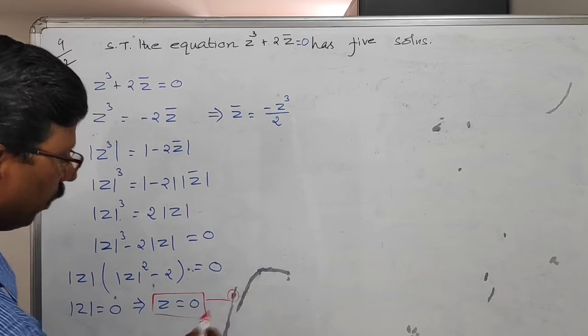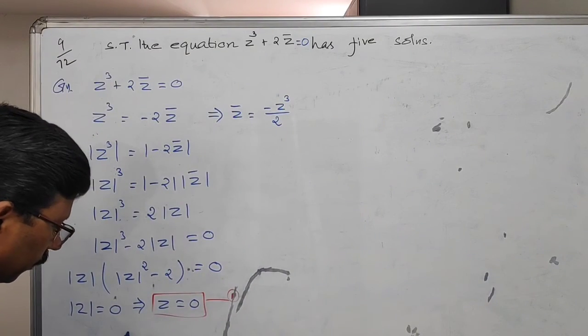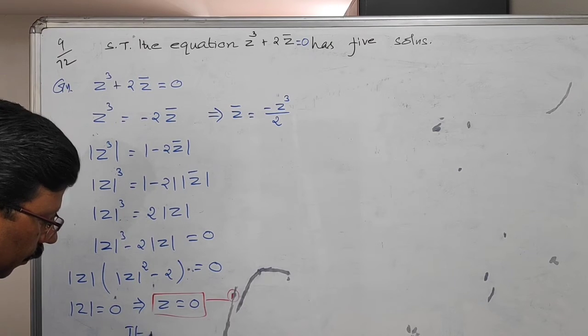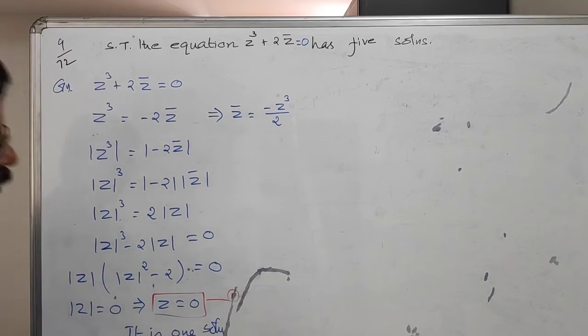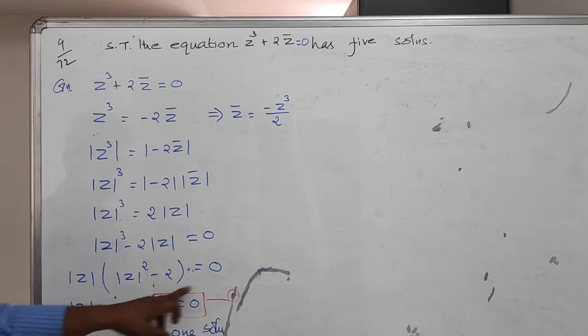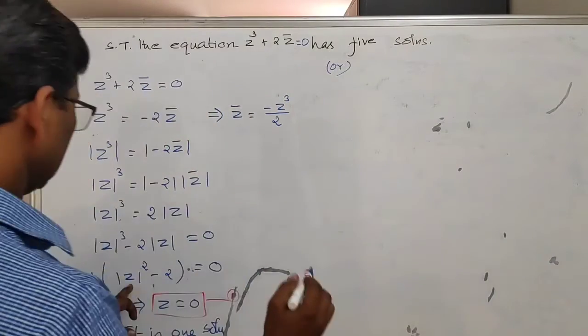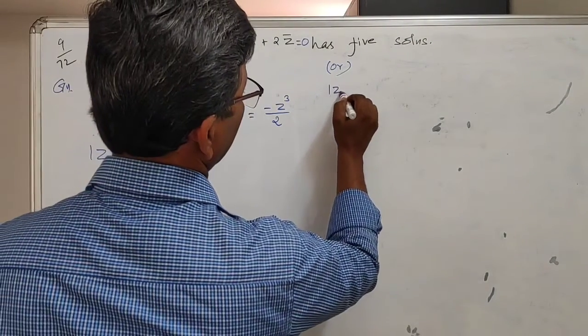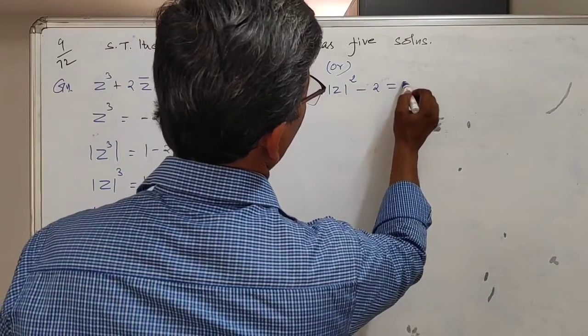Take this as equation number 1. This is one solution. And in the other case, modulus z squared minus 2 is equal to 0.